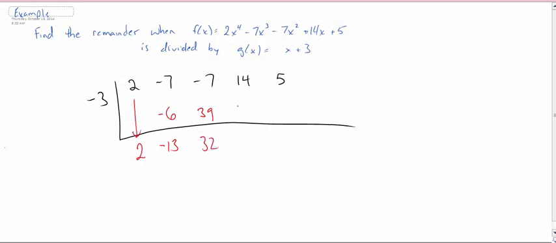And then I'm multiplying again, so now it's -96. And then I'm going to add. So this is negative 82. I'm going to multiply again. And now finally I add, getting 251. That is my remainder.